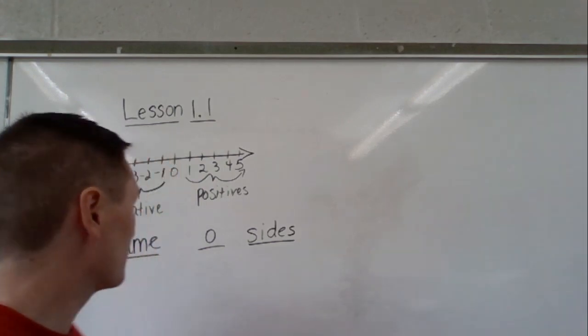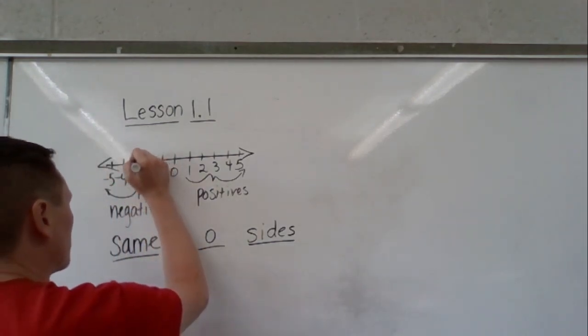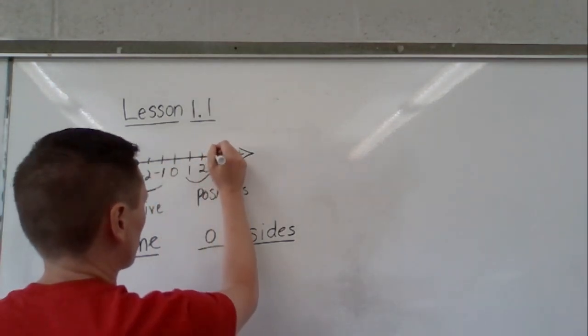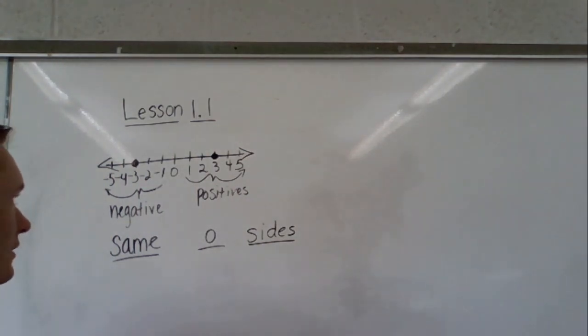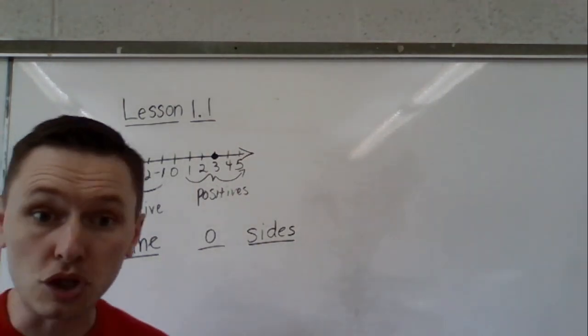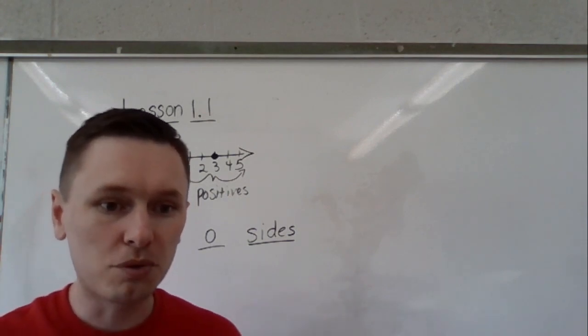So if we look at our number line, and I put 2 dots up here, at -3 and 3. And notice the dots are on the number line itself, not above, not below. It's on the number line itself. Okay, that's very important.